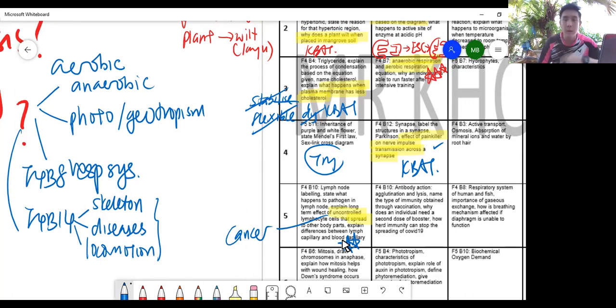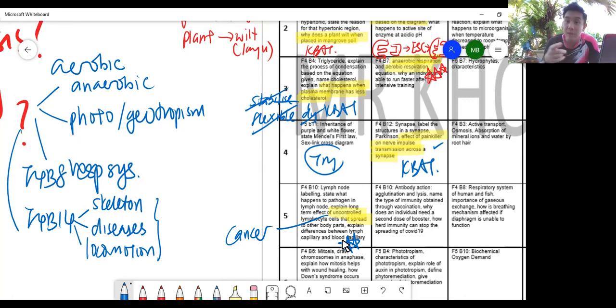Okay, guys, I managed to get the past year paper for SPM 2020. Therefore, during our session on March 11, you will get an analysis of SPM biology from 2014 all the way to 2020.